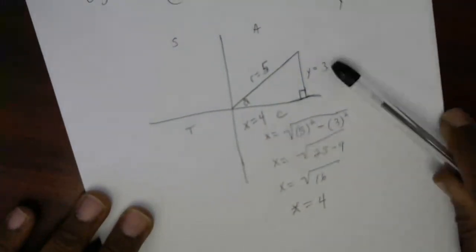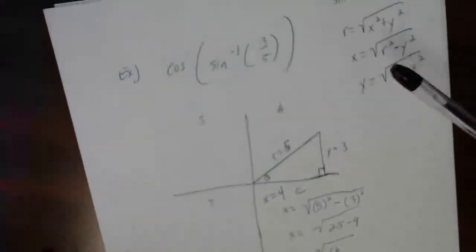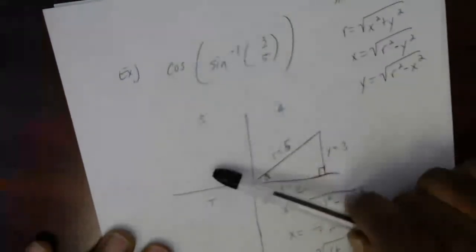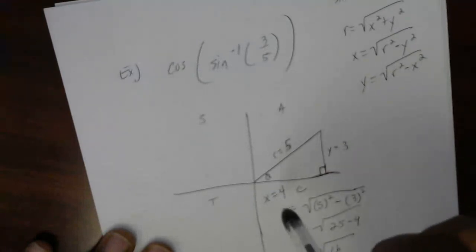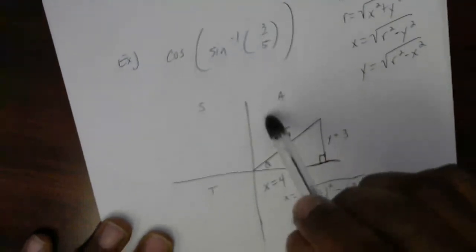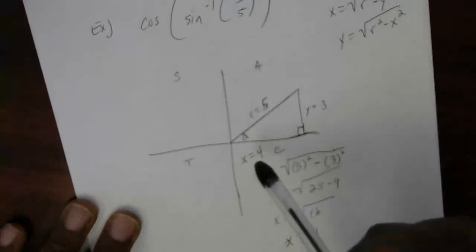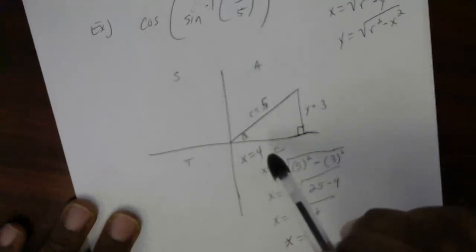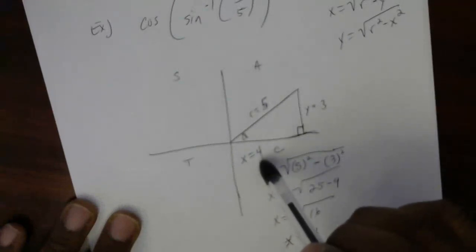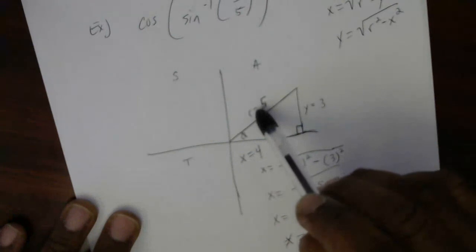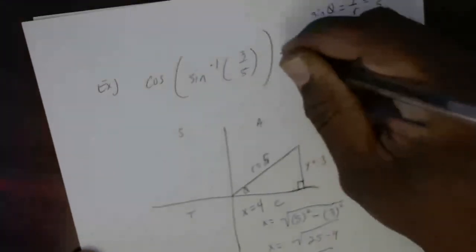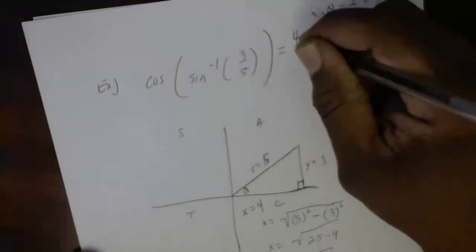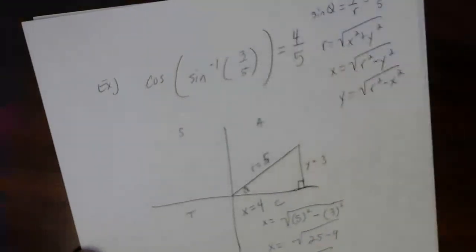So I have my x, my y, and my r. Now I need to find the cosine for this angle. Remember that the cosine is x over r. So if I take the x value, which we just found as 4, and divide that by the r value, which is 5, we can evaluate this as 4/5.